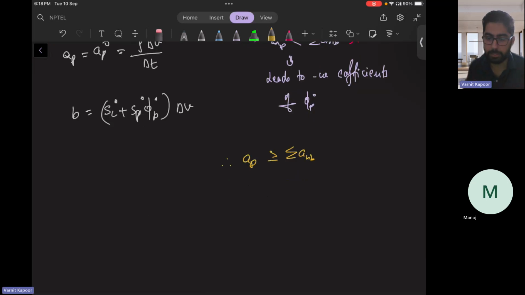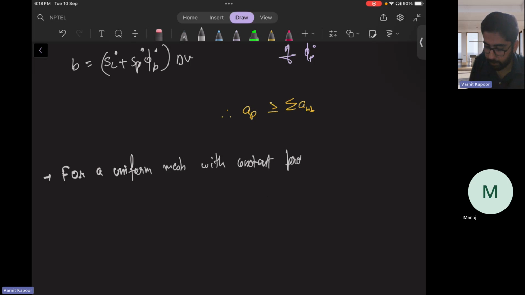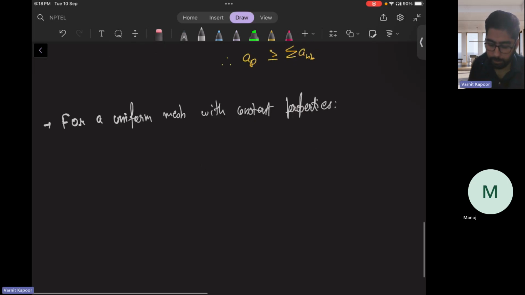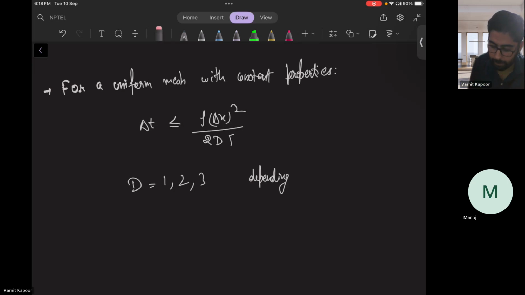And for a uniform mesh with constant properties, there is a time step restriction, delta t less than or equal to rho delta x square by 2d gamma, where d is 1, 2, 3 depending on the dimension of the problem.